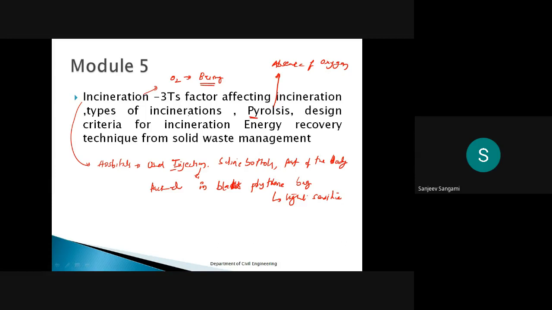Then, the energy recovery technique from solid waste management, how energy can be recovered during the incineration process, that also we will discuss in this module 5.